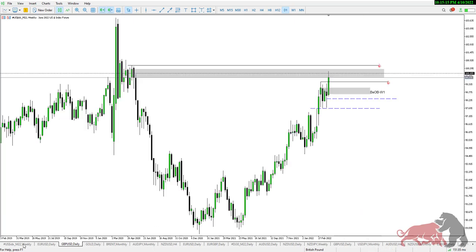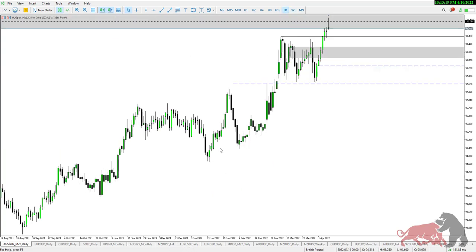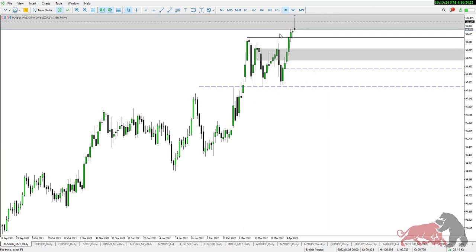When we come to dollar index, I'm also going to go onto the daily chart. Now the low of 7 March on pound USD corresponds with the high of dollar index of 7 March, which is where we have traded above.